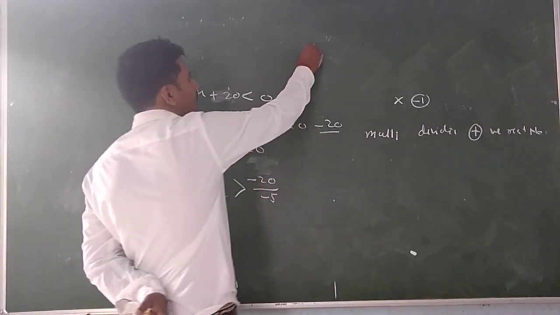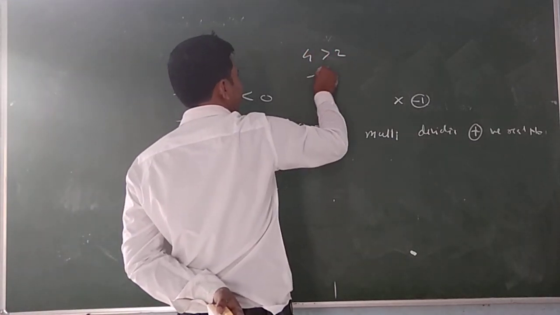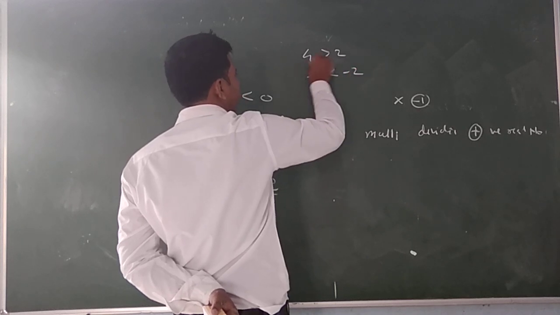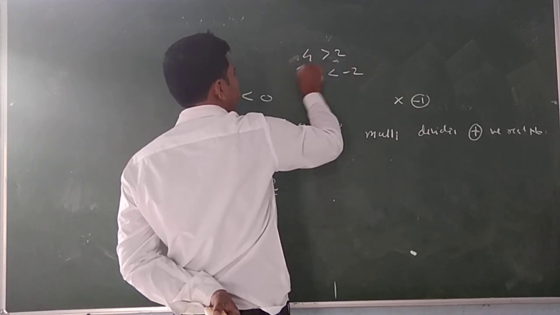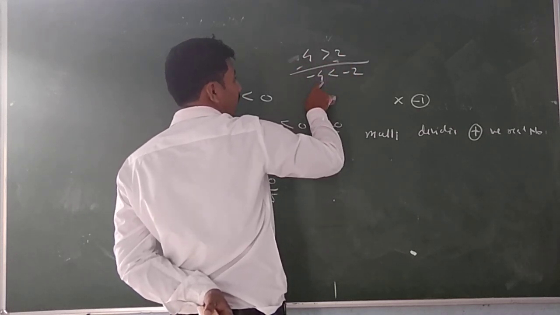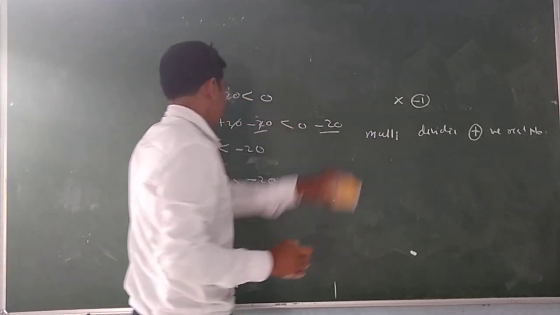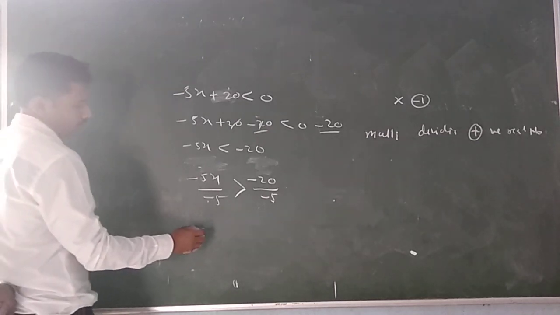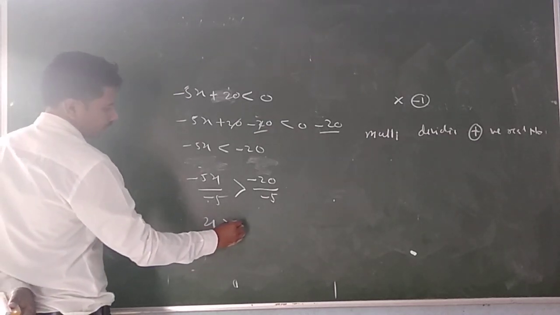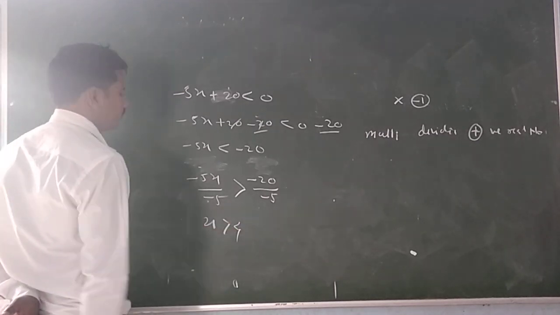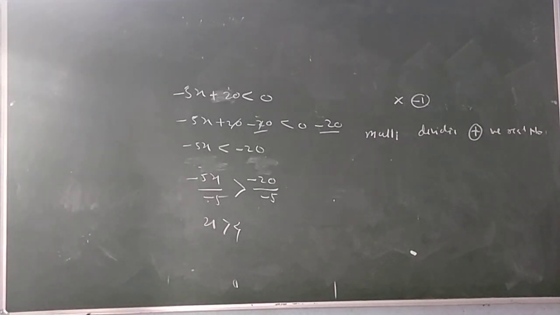Why? Because 4 is greater than 2, but minus 4 is less than minus 2. We are multiplying with a minus sign on both sides, so minus 4 is less than minus 2. That's why we are inversing this sign. So x is greater than 4, the same solution.